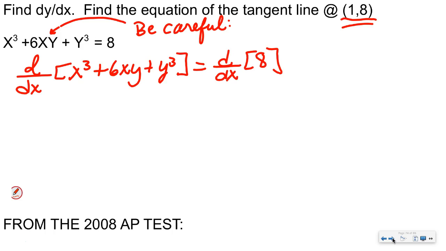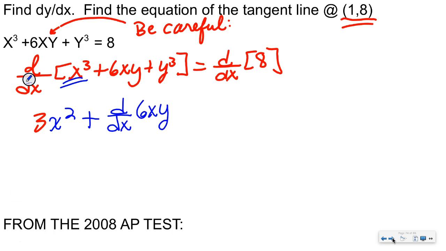Now, every term that has a y in it is going to have some guts, and it's going to need some chain rule. The derivative of x cubed is 3x squared, and the derivative of x is just 1. So it just is going to be 3x squared. But be careful, and I'm going to write this with some formal notation. I need to do the derivative of 6xy.